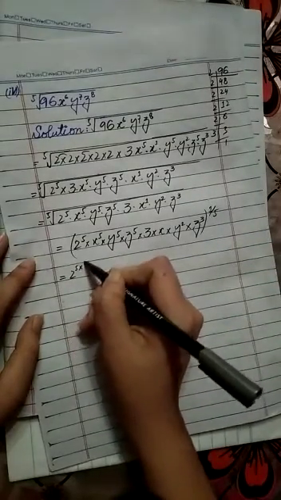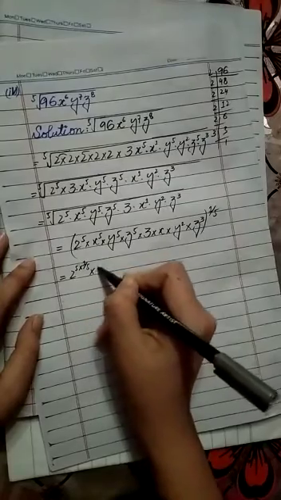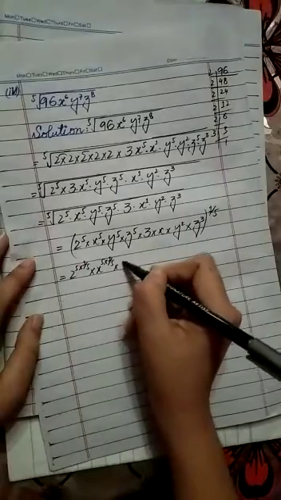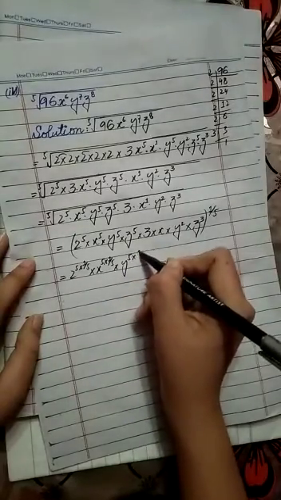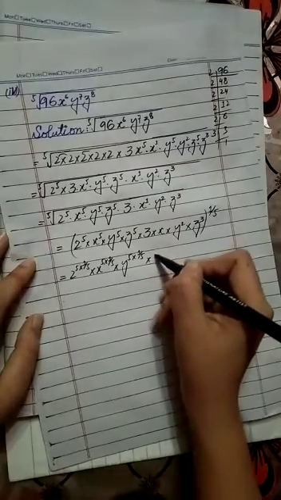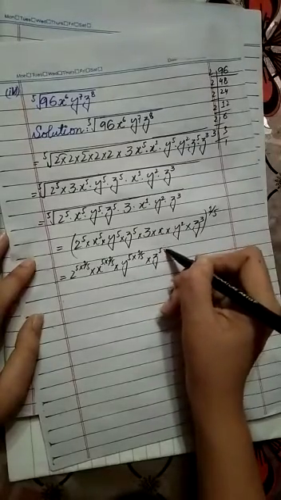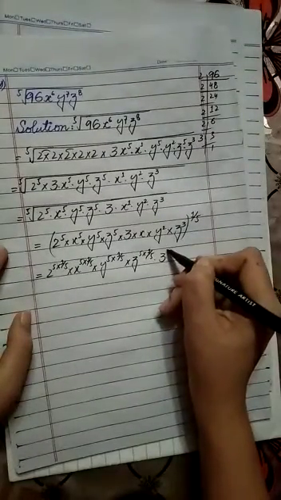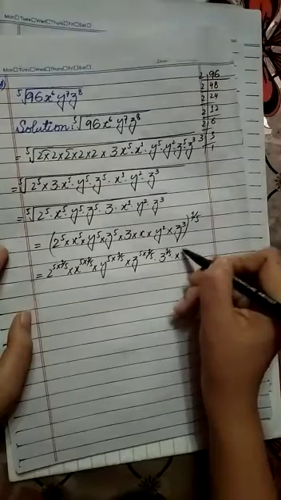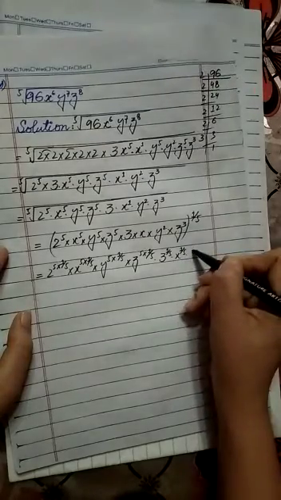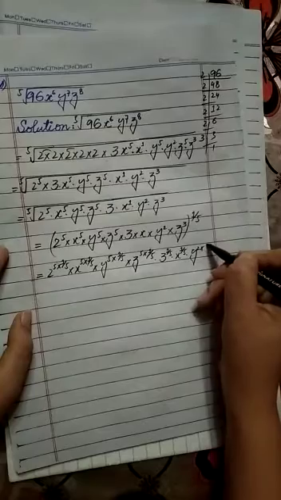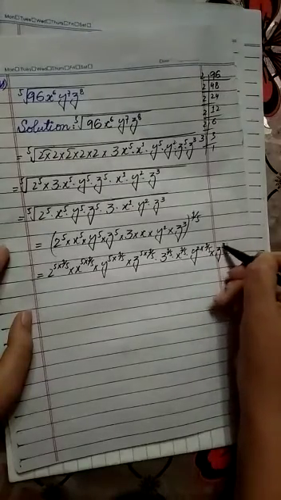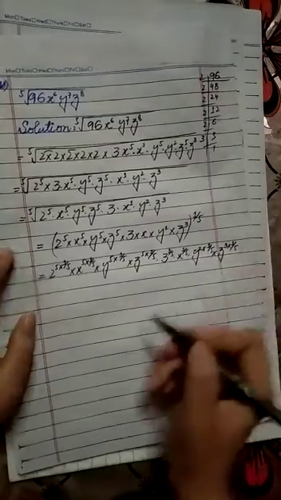2 power 5 multiplied by 1 by 5, x power 5 multiplied with the 1 by 5, y power 5 multiplied with the 1 by 5, z power 5 multiplied with 1 by 5, 3 power 1 by 5, x power 1 by 5, 2 multiplied by 1 by 5, z power 3 multiplied by 1 by 5.